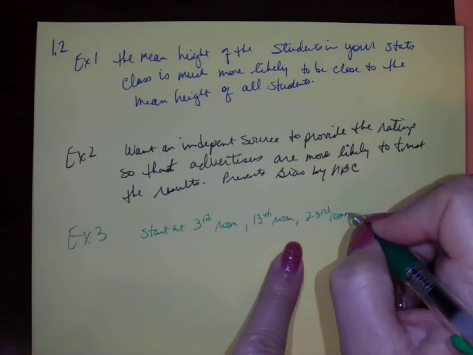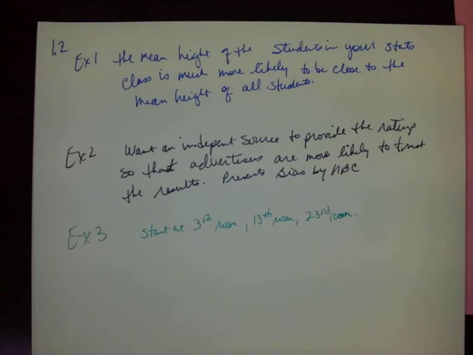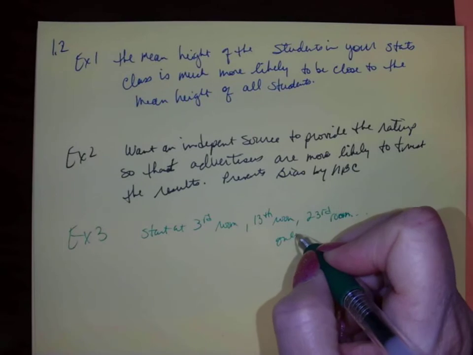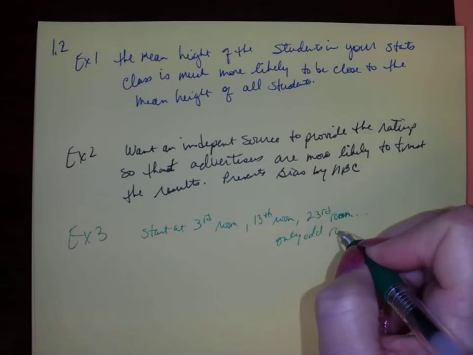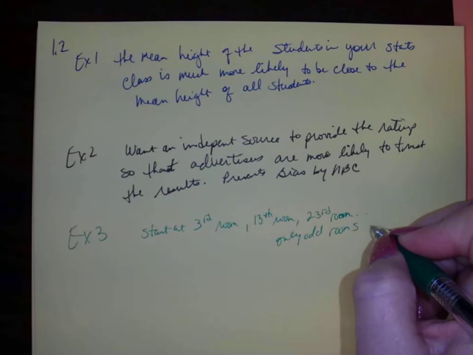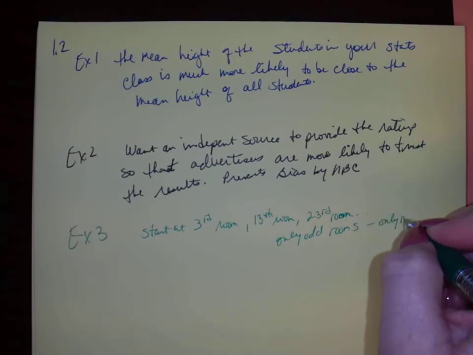And it's going to continue, right? Those numbers are only odd, right? And according to what they told us, odd number rooms are assigned to males. So that means only males.